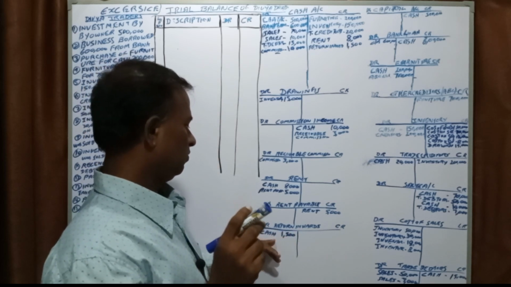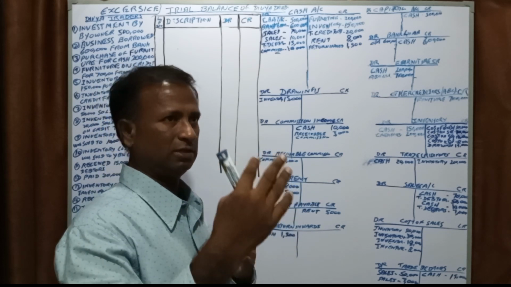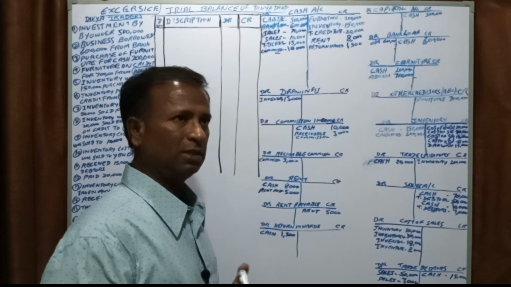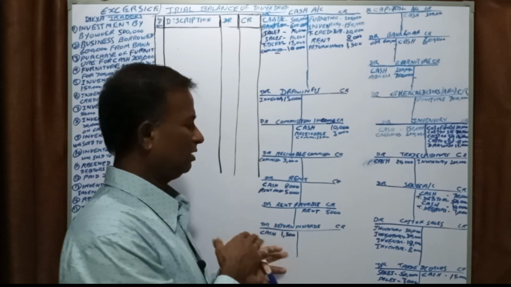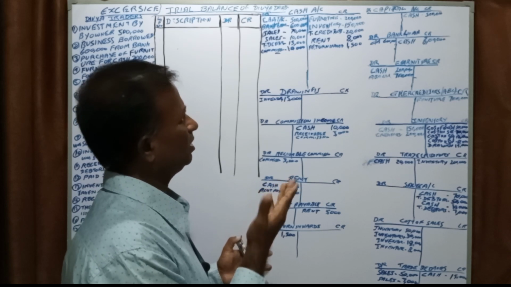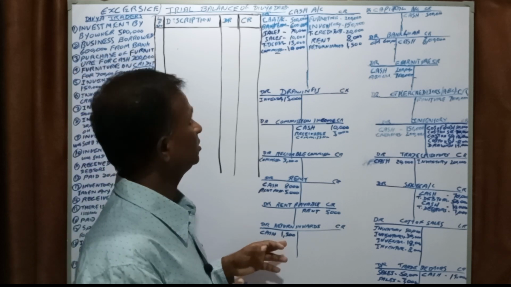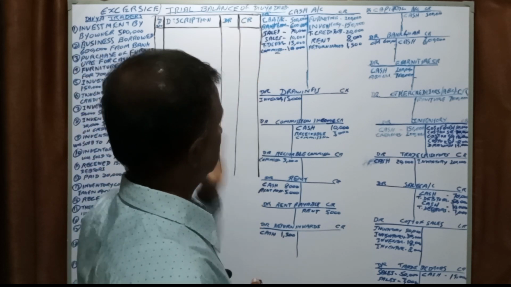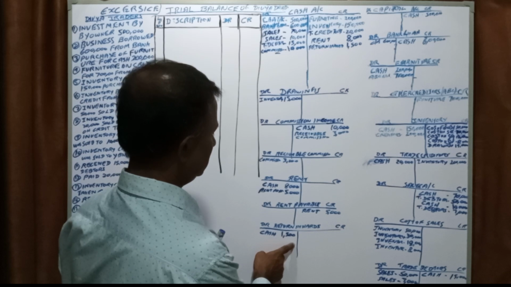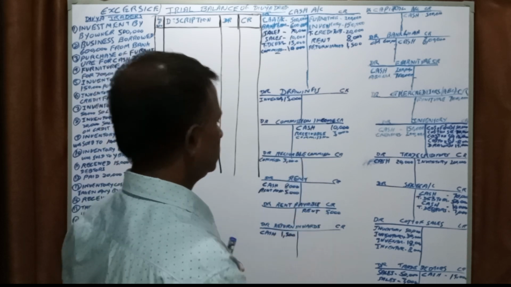Because the sale we have made earlier was a cash sale. The person, for example, had purchased around 70,000 worth of cash sales, right? Out of 70,000 he is returning 1,500 worth of goods.